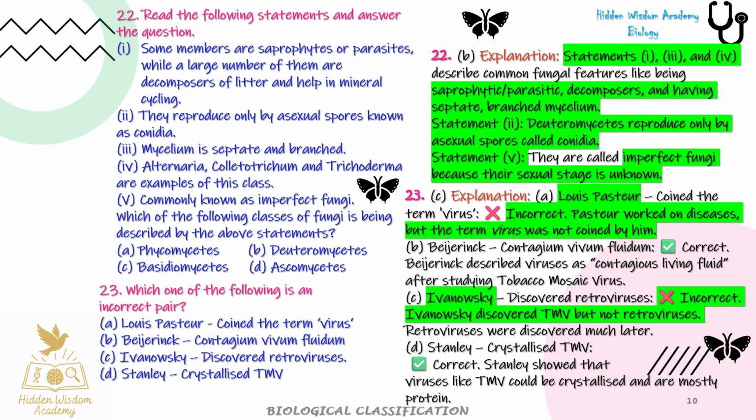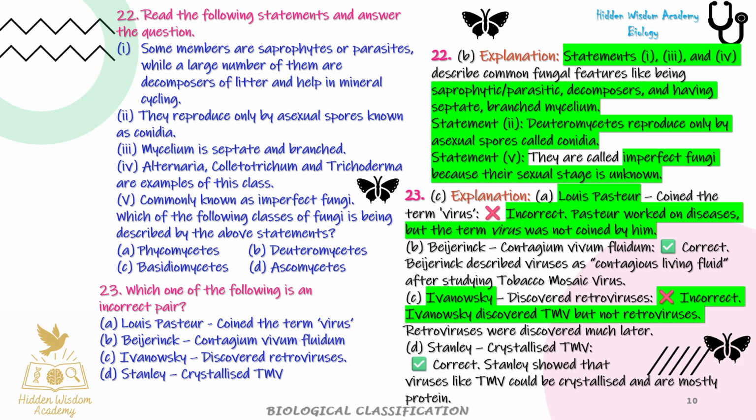Statements 1, 3, and 4 describe common fungal features like being saprophytic/parasitic, decomposers, and having septate, branched mycelium. Statement 2. Deuteromycetes reproduce only by asexual spores called conidia. Statement 5. They are called imperfect fungi because their sexual stage is unknown. So, option B is the correct answer.